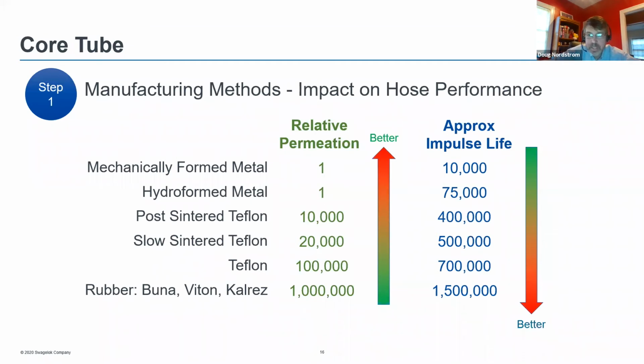The basic impulse life, or the ability for the hose to withstand impulses in the core, goes in the opposite direction, because essentially what we're doing here is we're making the hose softer as it goes down, which makes permeation higher, but impulse life longer. So it's again a trade-off. What's best for the application depends on what's important for the user, for the person installing and using the hose.